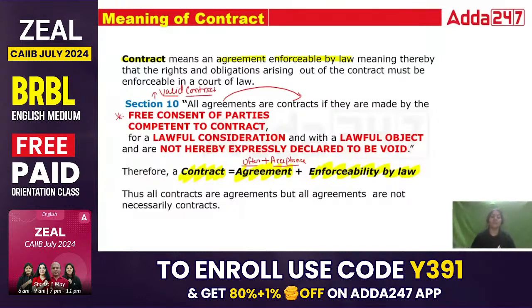This is very important. Section 10 talks about the valid contract. Is that okay? Okay, valid contract. So the first point of a valid contract: when they enter into a contract, there should be free consent. Competent to contract. Competent means a 10-year-old person cannot enter into a contract.